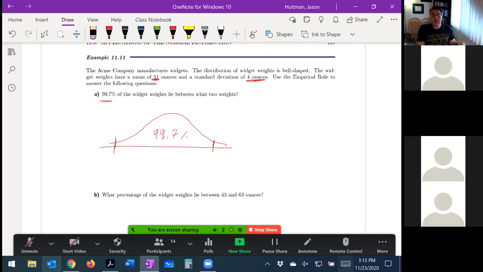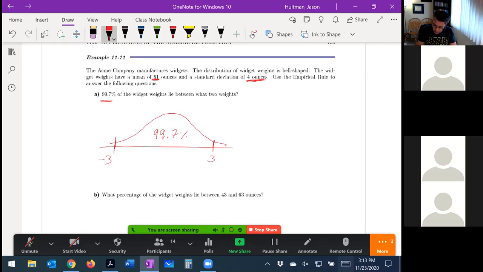How many standard deviations give me 99.7%? Okay, yeah, 3.